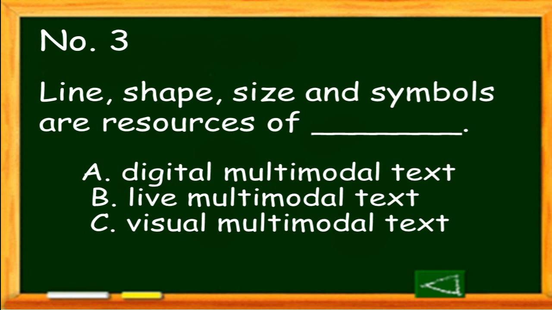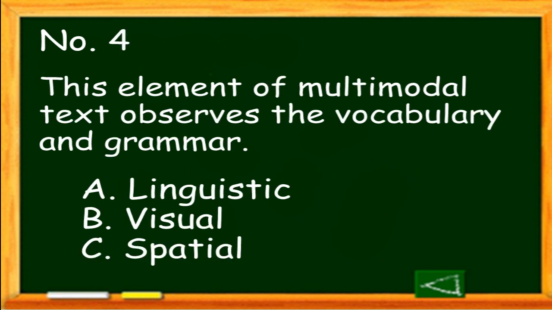B. Live multimodal text. C. Visual multimodal text. Number 4. This element of multimodal text observes the vocabulary and grammar. A. Linguistic. B. Visual. C. Spatial.